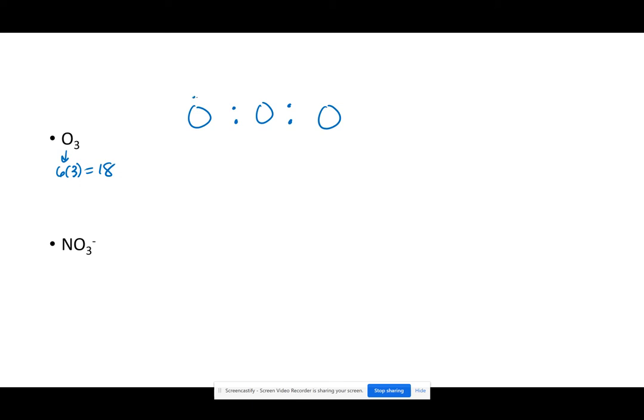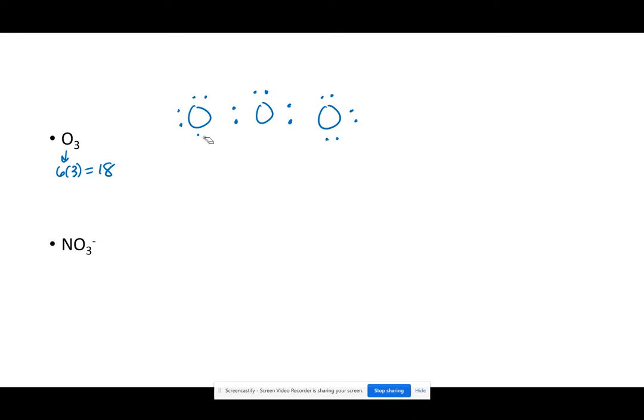So that's 4, 6, 8, 10, 12, 14, 16, 18. So each of the oxygens on the end has a satisfied octet. The one in the middle doesn't. So I need to erase a lone pair and make it a bonding pair. It doesn't matter which oxygen I do it from.